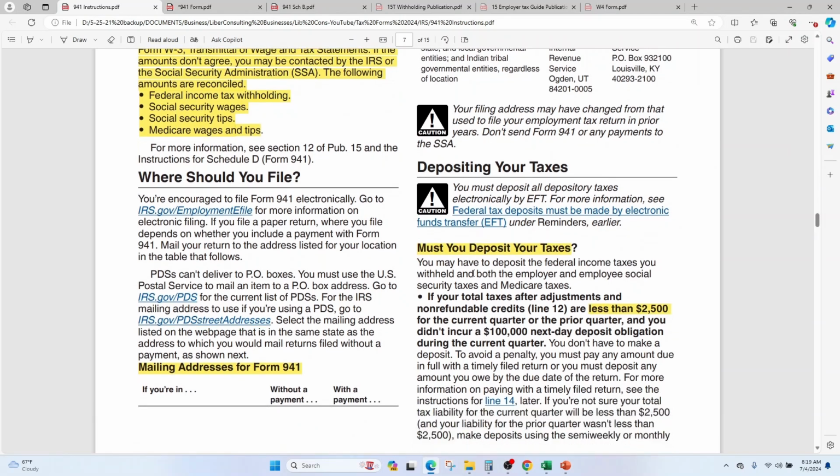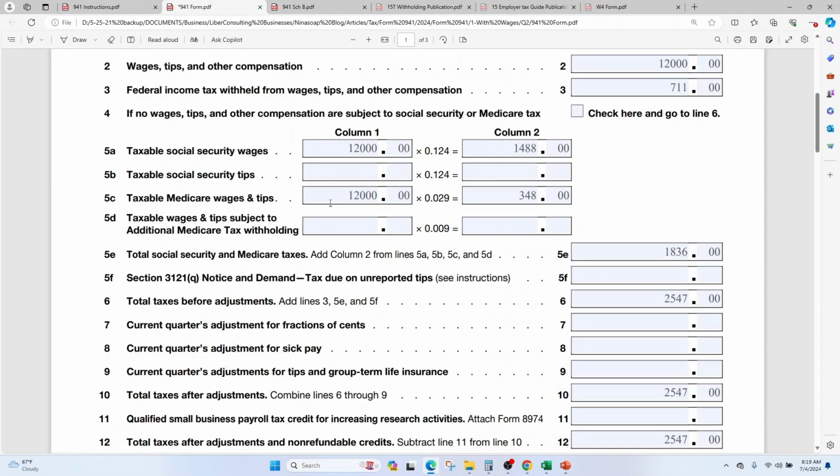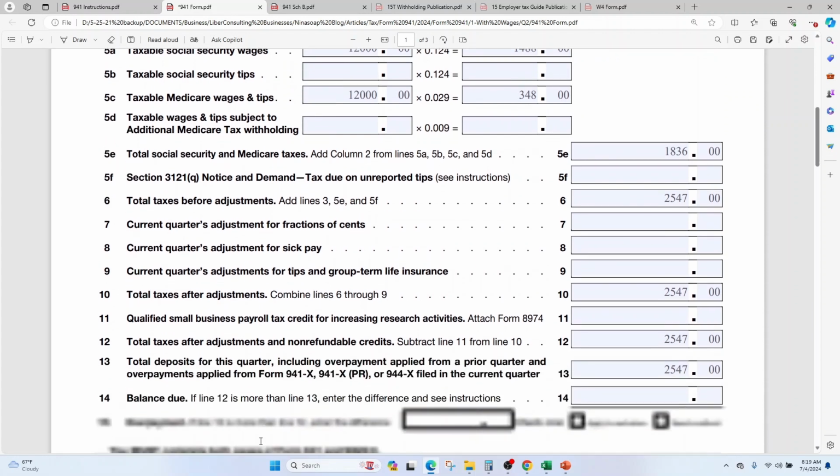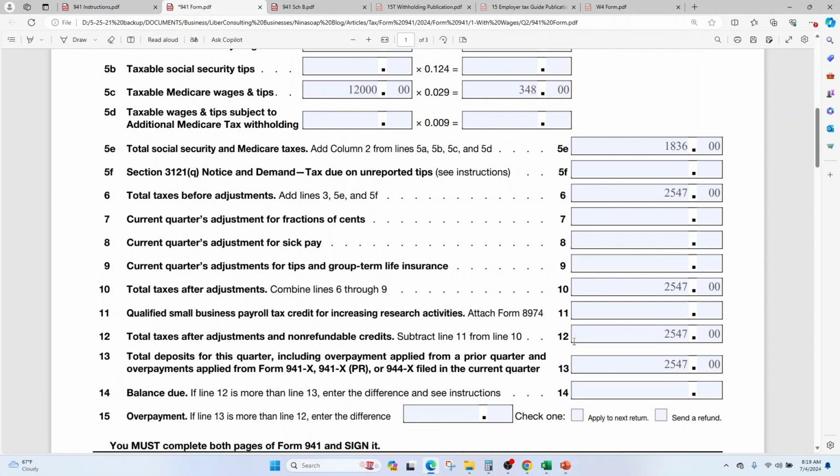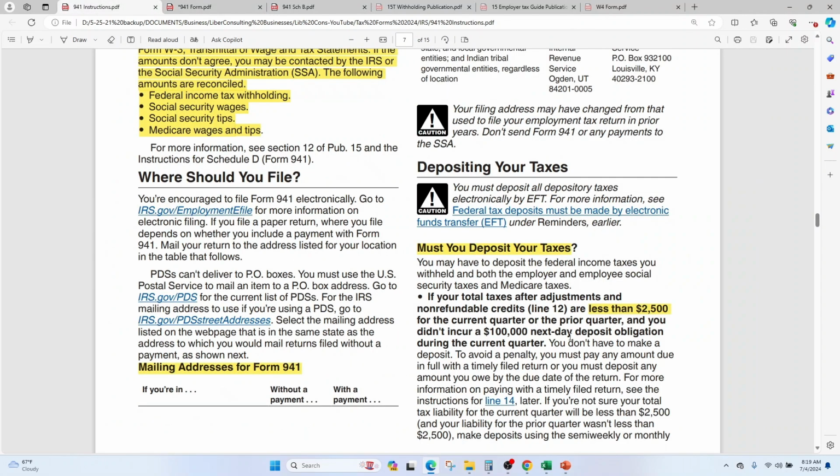So must you deposit your tax? Line 12 is the total tax after adjustments and credits. If your total tax on line 12 is less than $2,500 for the current quarter, and the prior quarter is less than $2,500, and you didn't incur a $100,000 next-day deposit obligation during the current quarter, then you can make a payment.